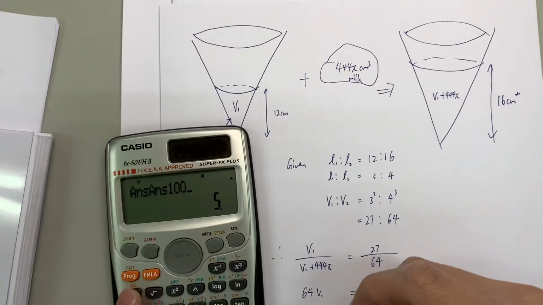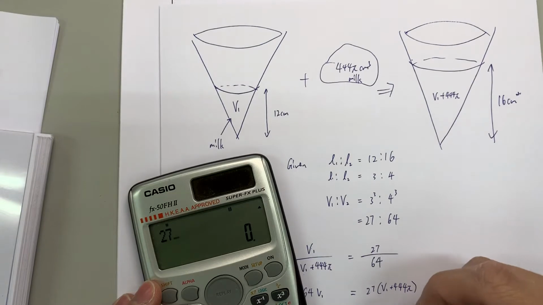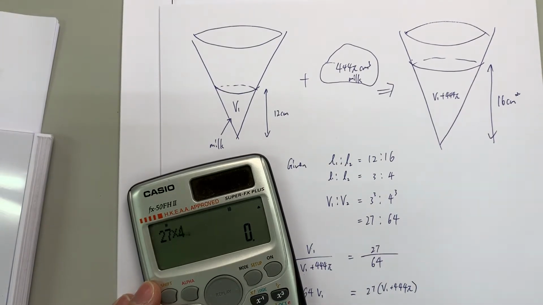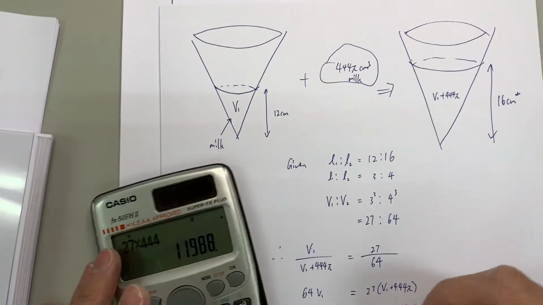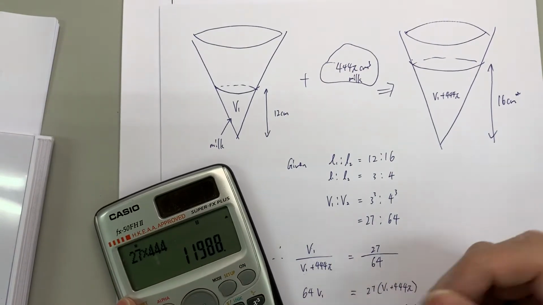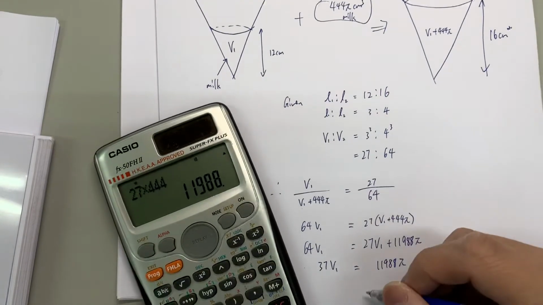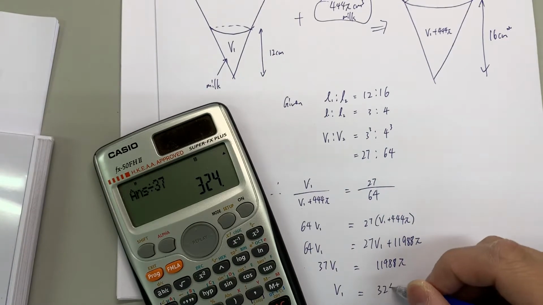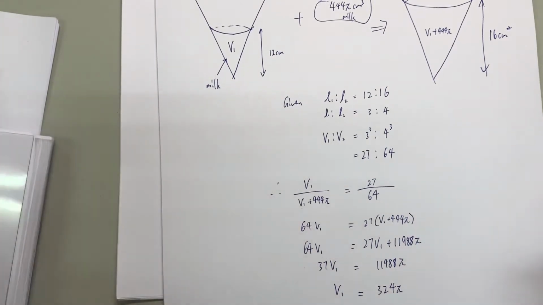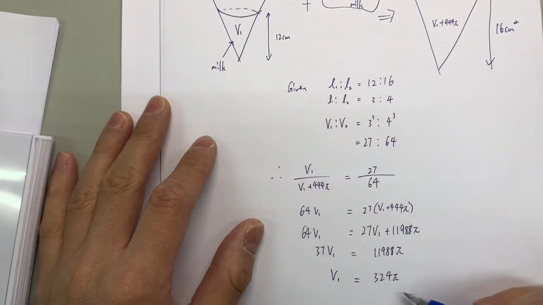So this is 64 V1, and then plus 11988 pi. So it is 37 V1. Both sides divided by 37. We got 324 pi. So we know that the original volume of milk is 324 pi.